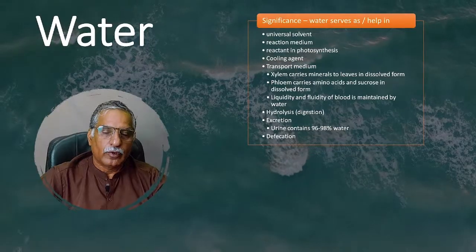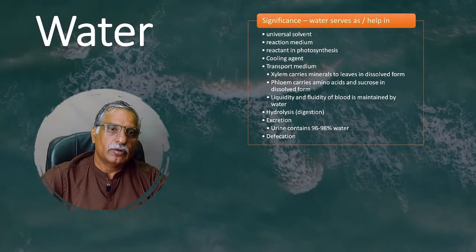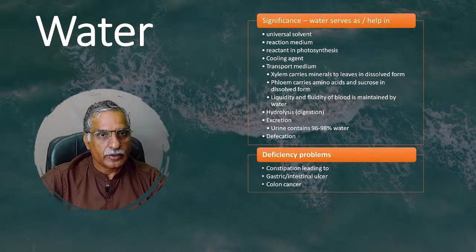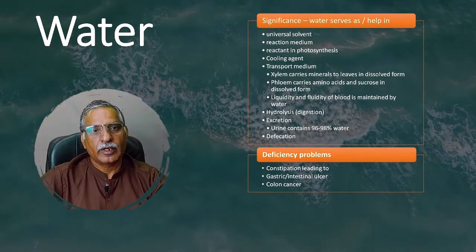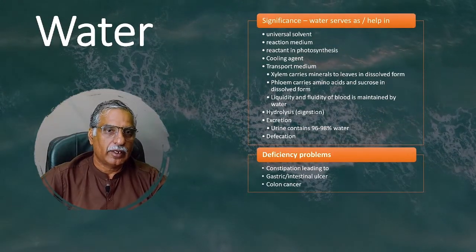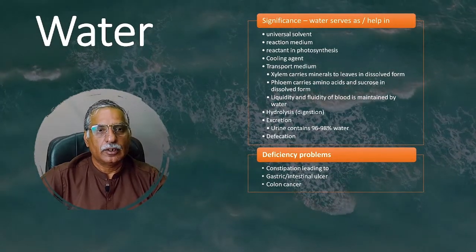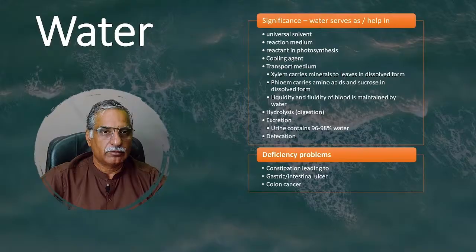So if there is not enough water in our body, what problems can we face? Dehydration, and dehydration will make us sluggish, will make us do little work, and will not let us work or live effectively.